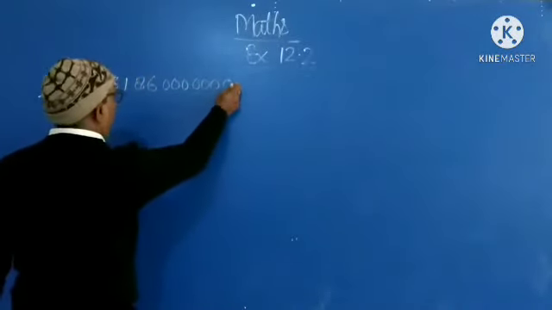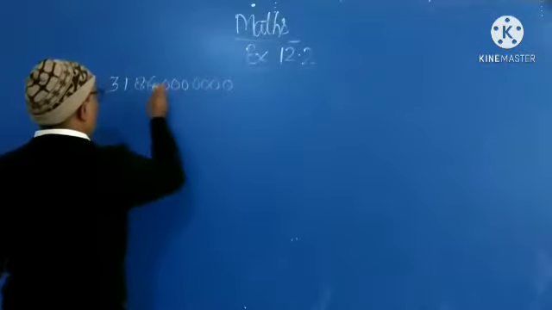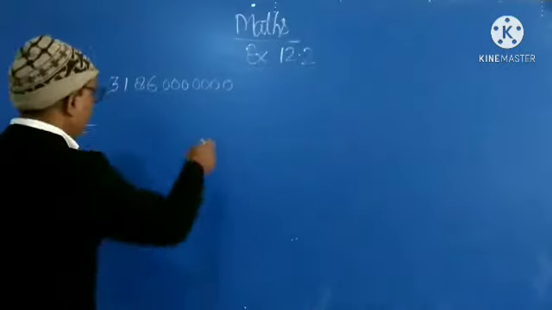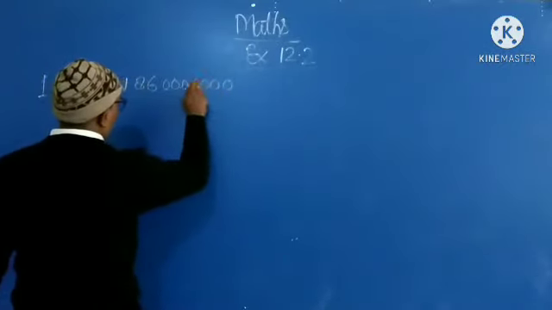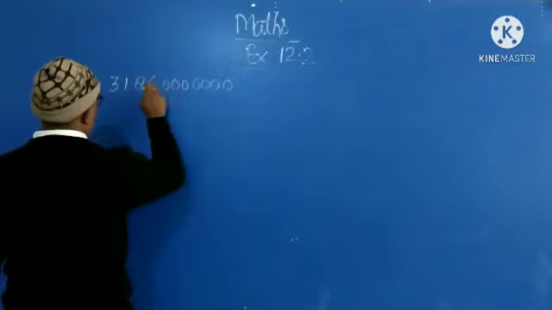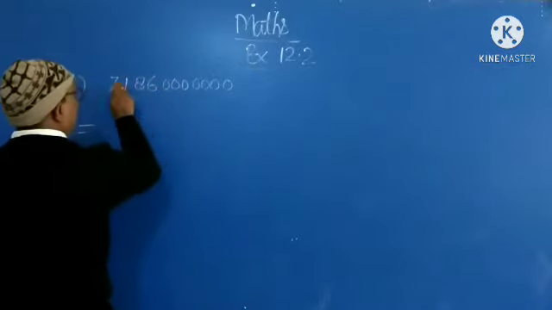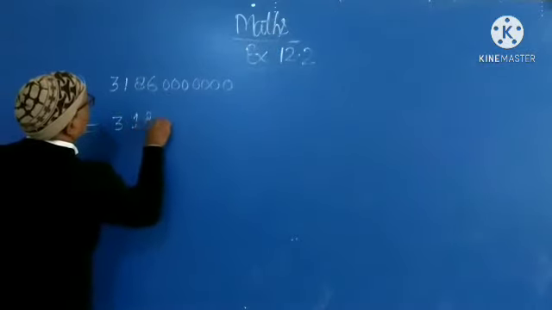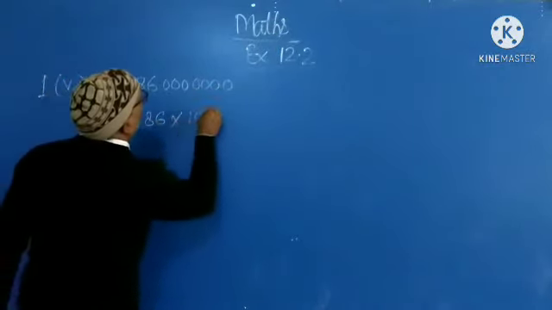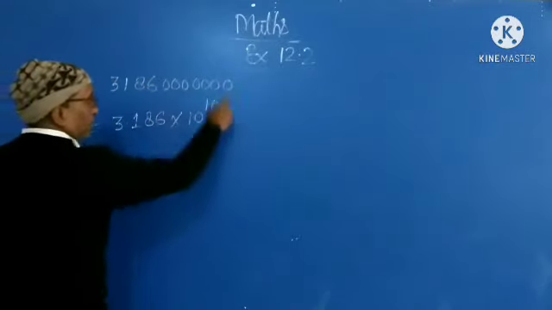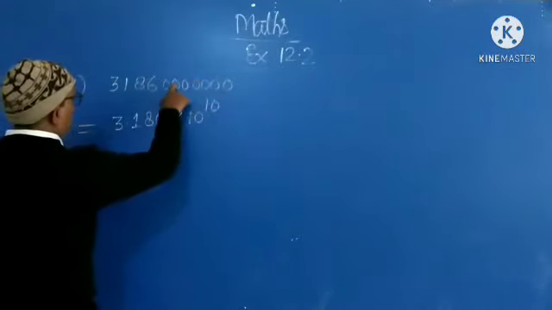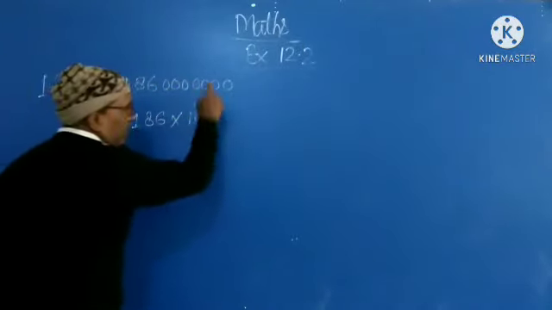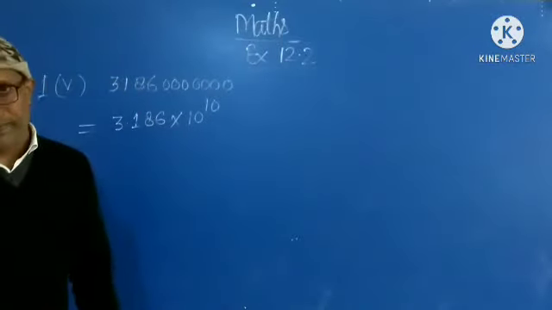Then you count how many digits you shift the decimal: 1, 2, 3, 4, 5, 6, 7, 8, 9, 10. 10 digits means 3.186 into 10 to the power 10. You shifted the decimal 10 digits, therefore the exponent is 10 and it is positive.